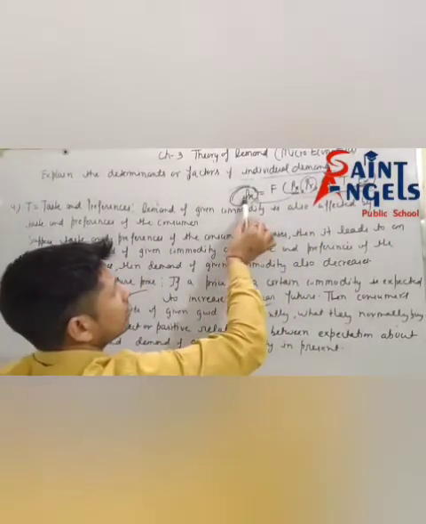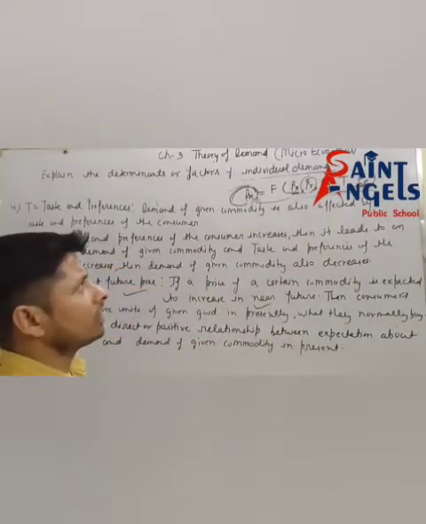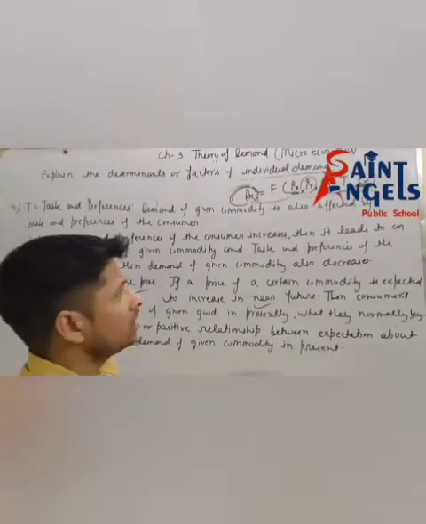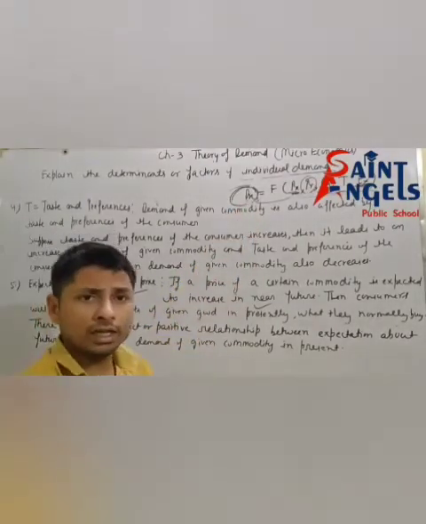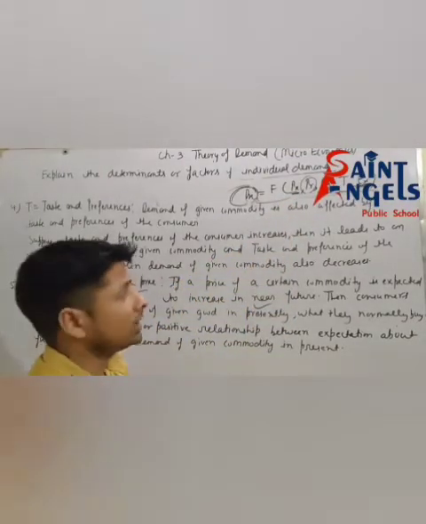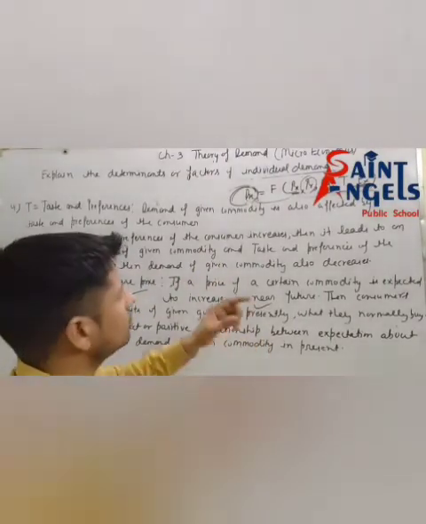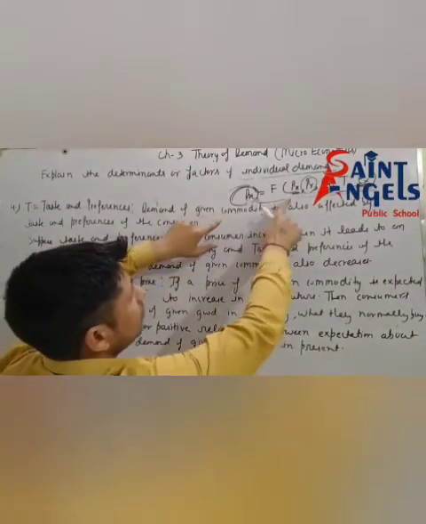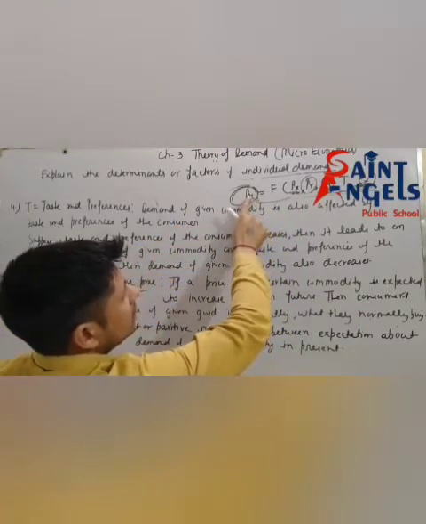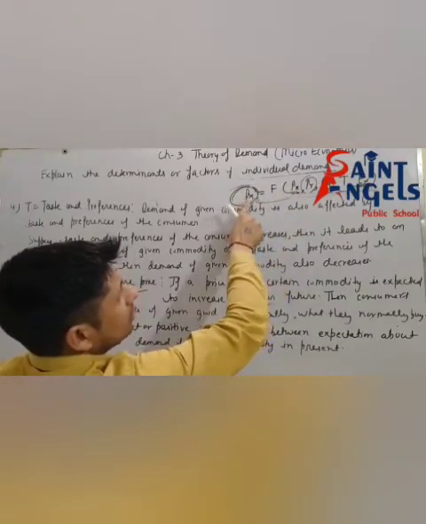If price of given commodity increases, demand of given commodity decreases, and if price of given commodity decreases, then demand of given commodity increases. I hope all of you have understood the relationship between the first factor of individual demand and the demand of given commodity.